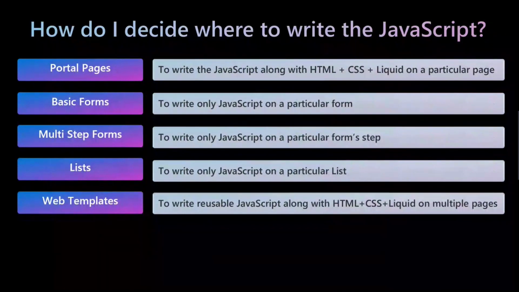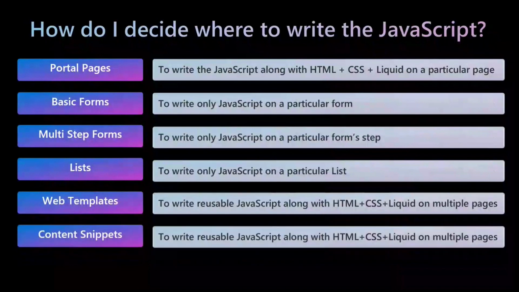Sometimes you want to use the same snippet of code on multiple pages, so you can create a web template of that and refer to it on the multiple pages. So when you have to write reusable JavaScript along with the HTML, CSS and liquid, and refer to it on multiple pages, then you have to go with the web template.